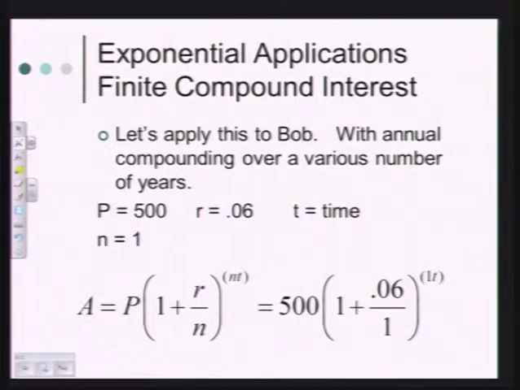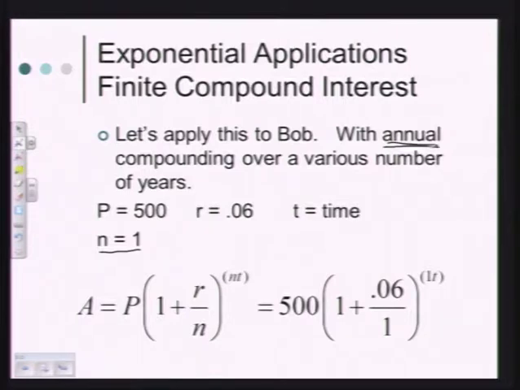So let's take a look at what Bob will get over time. If Bob has $500 in the bank at 6% interest per year, and T is the time, if he is looking at annual compounding, annual means once a year. So N is going to be equal to 1.